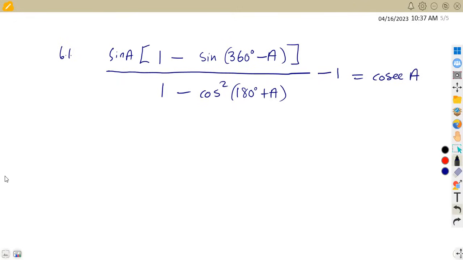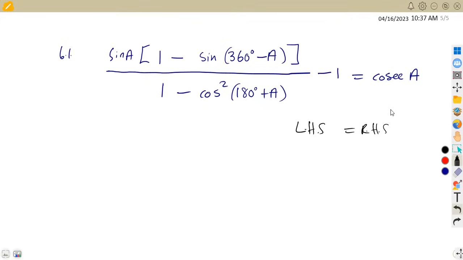So the question is, how can we prove this? We are supposed to prove it. If we check the right-hand side, this is what we have. We've got our left-hand side and our right-hand side, and these two are equal. Remember what I said, there is a condition where you can take the left-hand side to prove it equals the right-hand side, or the right-hand side to prove it equals the left-hand side.